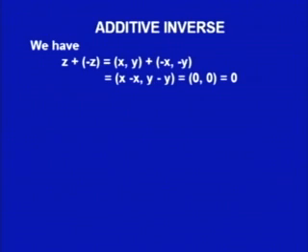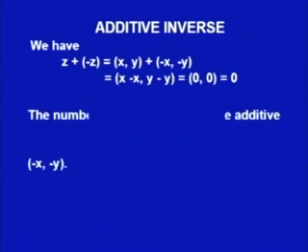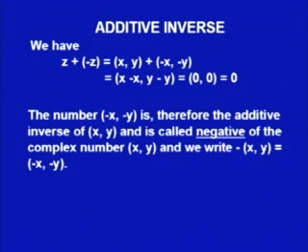So, after adding minus z to z we get 0, and therefore the number minus x comma minus y, or minus x plus I times minus y, is called the additive inverse of the complex number x comma y or x plus I y. This is also called the negative of the complex number, and we write this as minus of x comma y, that is minus x comma minus y, that is minus x plus I times minus y. So, this is the negative of the number z.